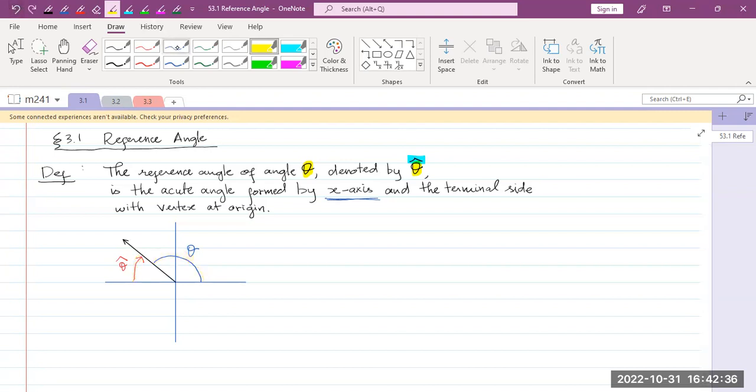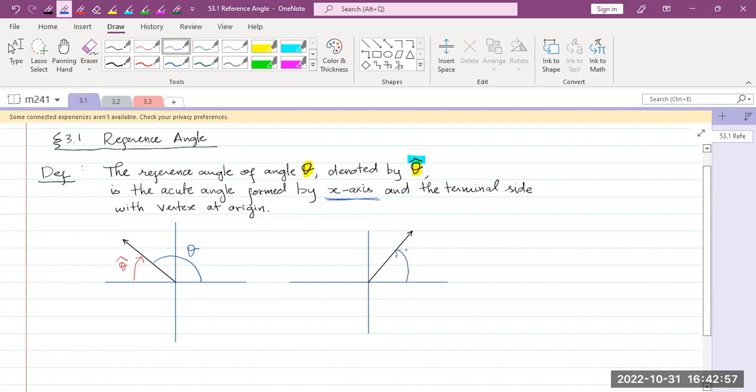Of course, if theta is in quadrant 1, then let's say this is theta here.